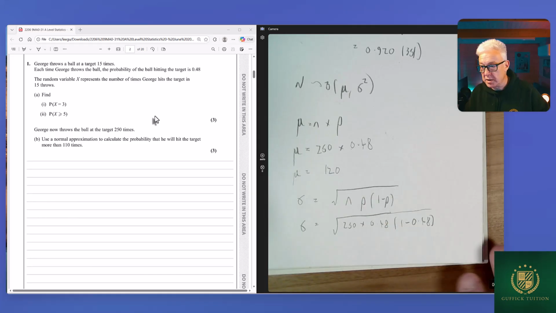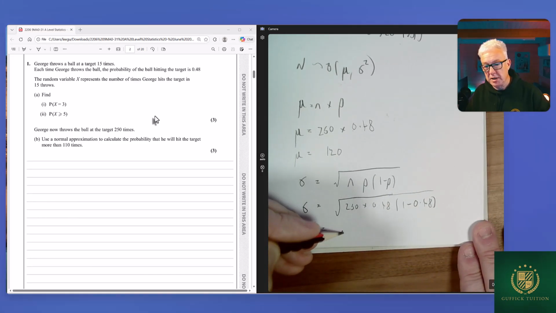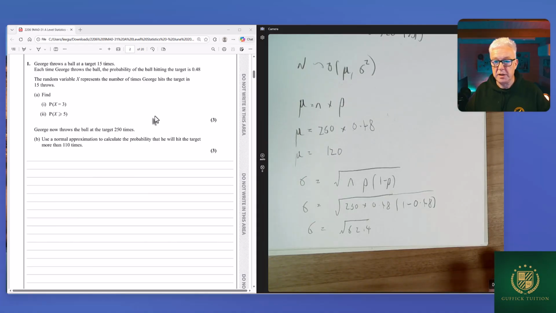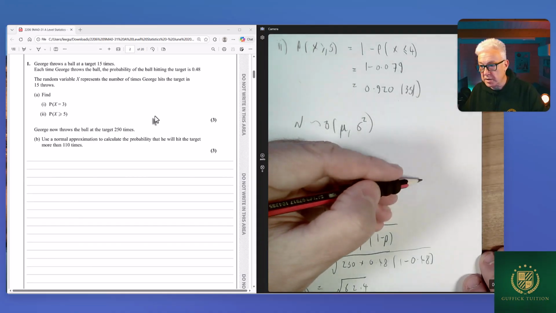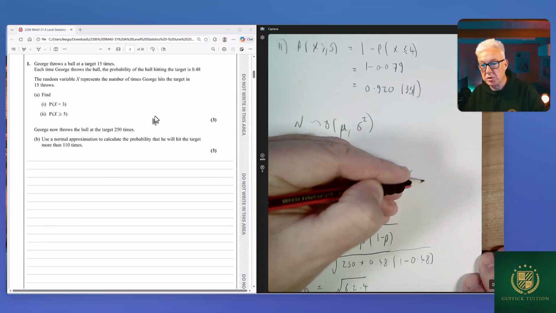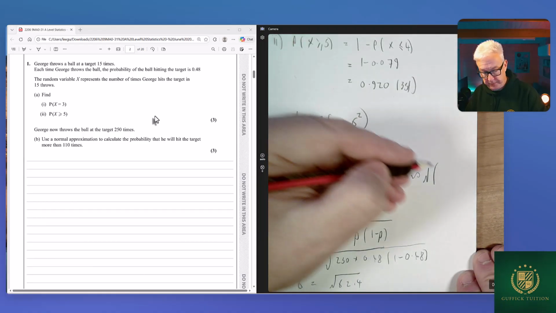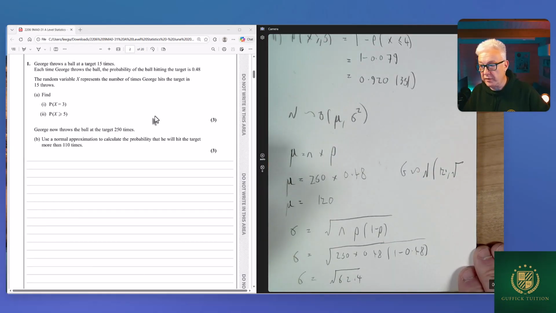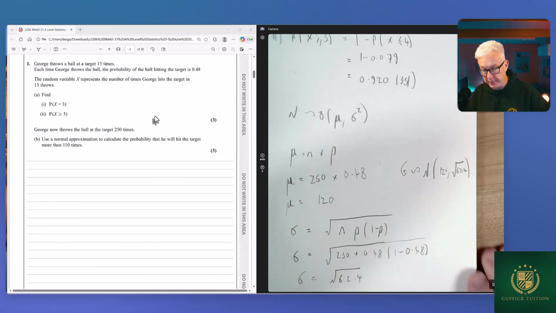Okay, so we work that out, and that gives us that the standard deviation is equal to the square root of 62.4. So therefore we've now got our normal approximation, okay? I'm just going to call it G for George, normally distributed with a mean of 120 and a standard deviation of the square root of 62.4. So we've got our distribution there now.